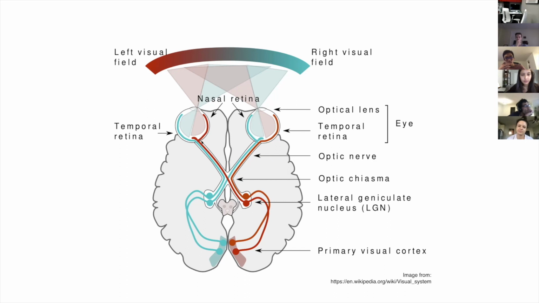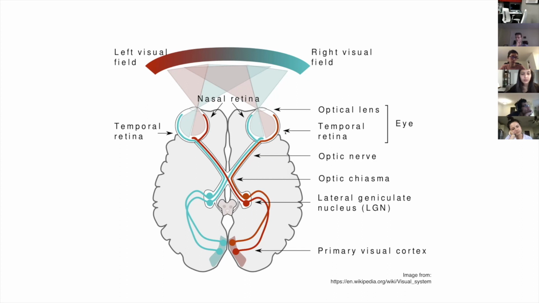These two go to the chiasma, and a very interesting magic happens at the chiasma. The fibers that are going from the nose side of the eye, from both eyes, cross. The fibers that are coming from the ear side of the eyes, from both sides, don't cross.